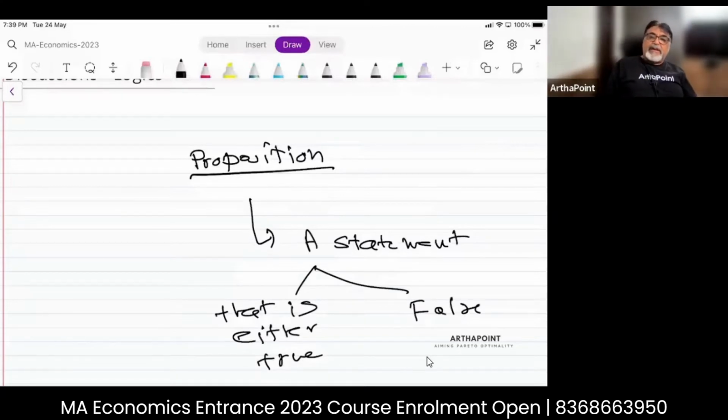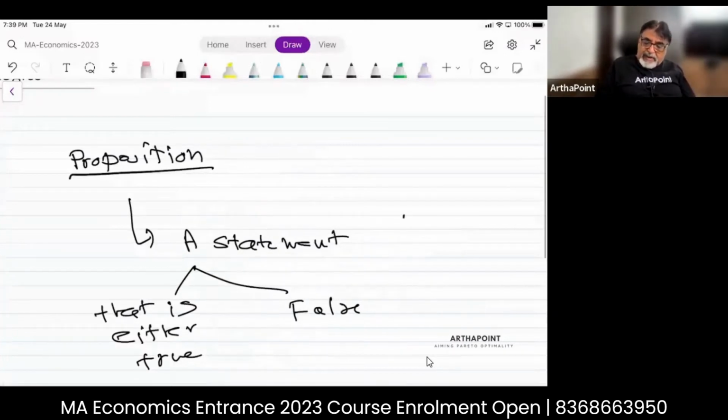Proposition basically is a statement that is either true or false. You propose something. Proposition means you propose something, but your proposal may be true or may not be true. If it is true, it is assigned a symbol T, and if it is not true, it is assigned a symbol F.